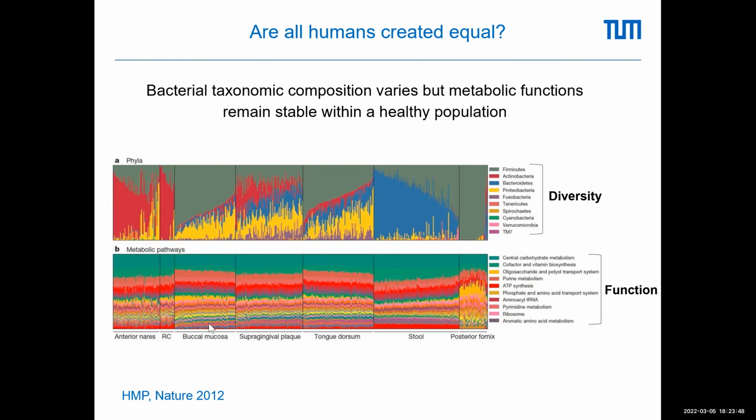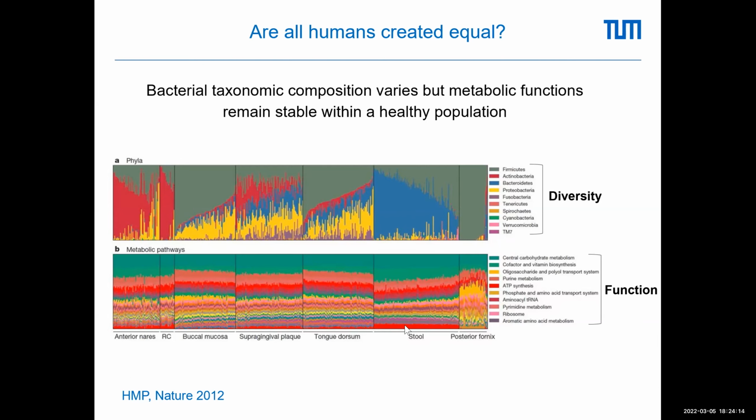In all humans, we have very similar functions. You can see that we're almost identical, right? There is a slight variation, but in general, we are very similar in terms of the functions which our microbes can perform.